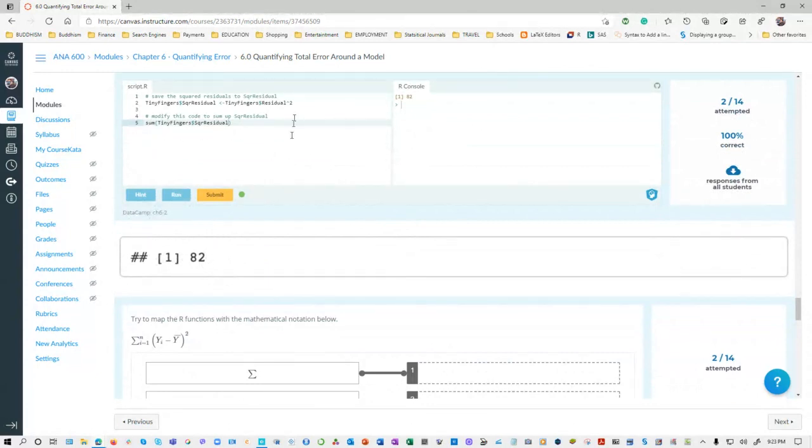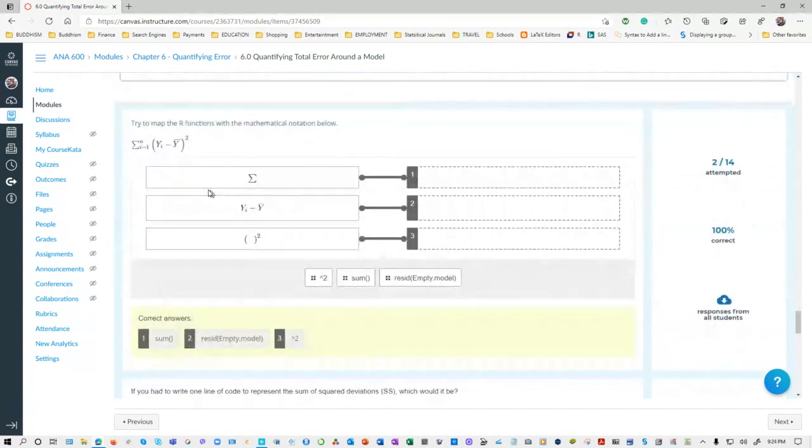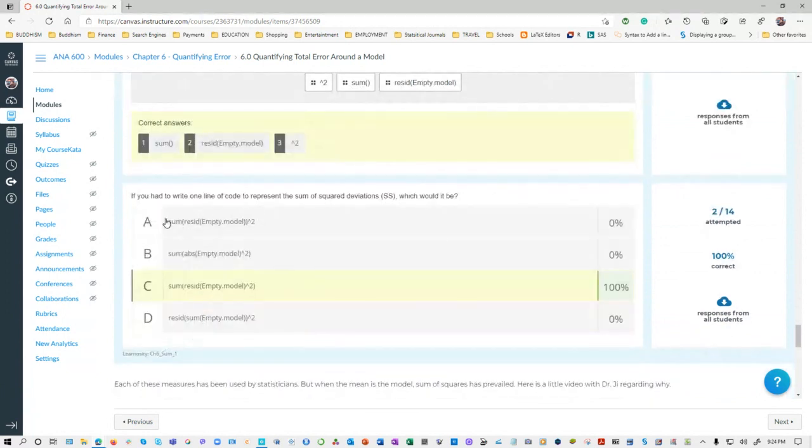And you square like this, with a caret and put 2. So this is for sum, this is for deviation, and this is for square. You can do it the same way that we did earlier.